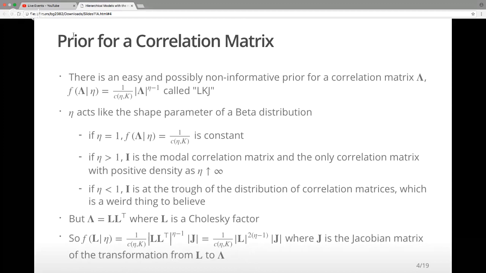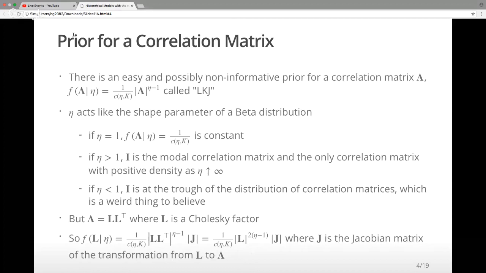So this eta is not the linear predictor of a GLM, but just another scalar. It has to be a positive parameter. In any event, this PDF is equal to some normalizing constant that depends only on eta and the size of the correlation matrix, multiplied by the determinant of the correlation matrix raised to the power eta minus 1.